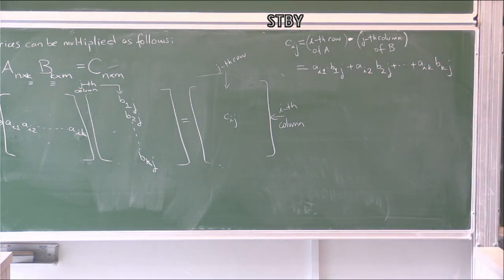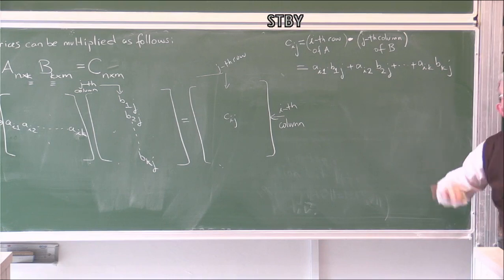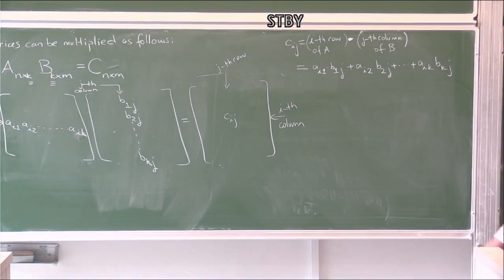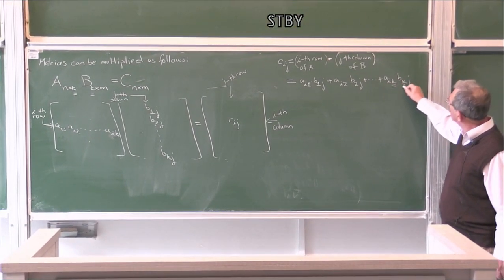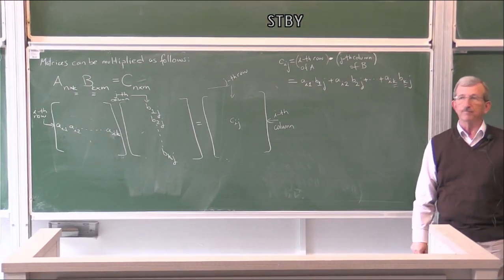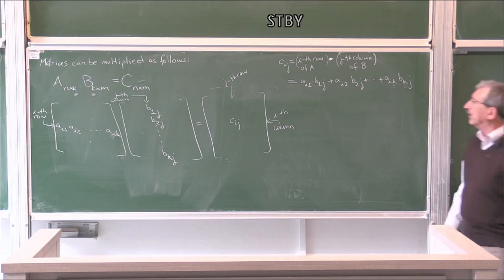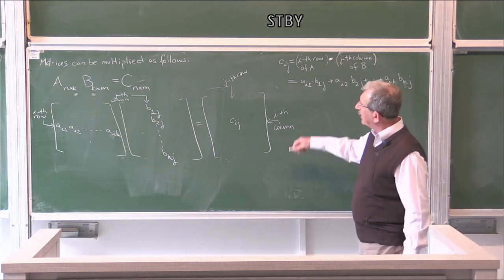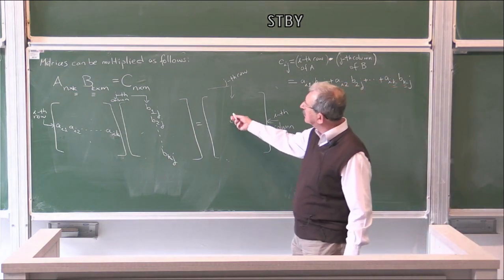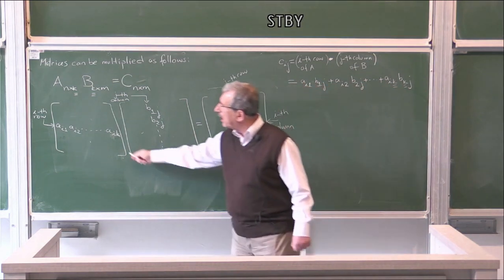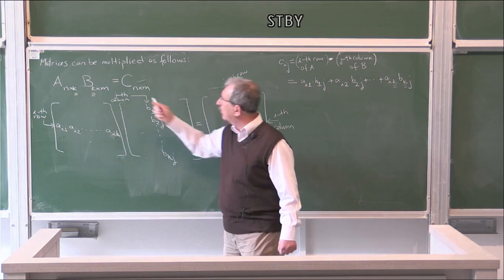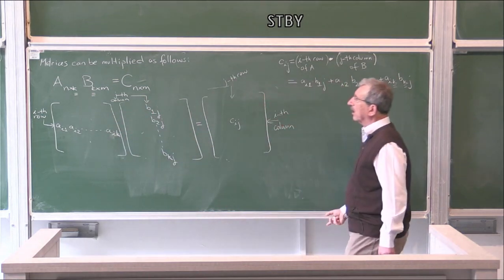One can formulate these things in closed form and other things, but that's not the point. Clearly, this is why you need the matching. So basically, for every entry of the product, you should multiply a certain row, ith row, with the jth column.